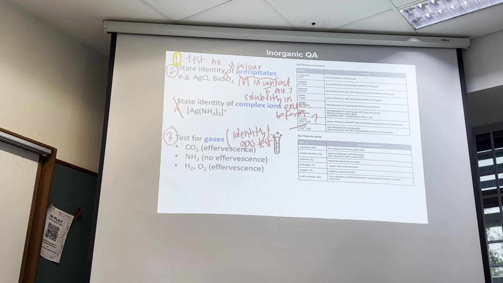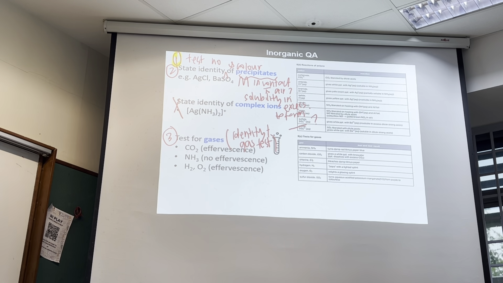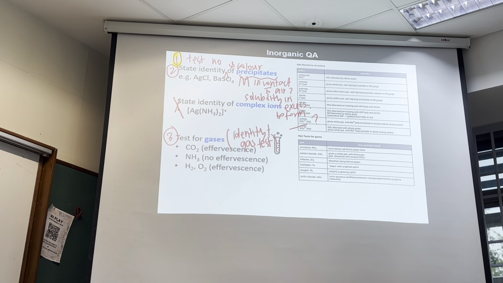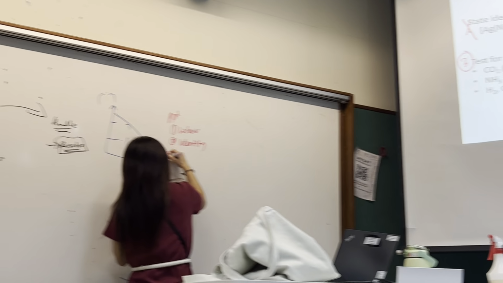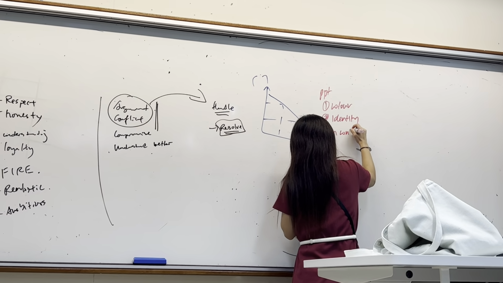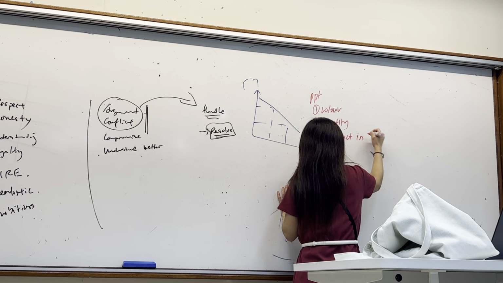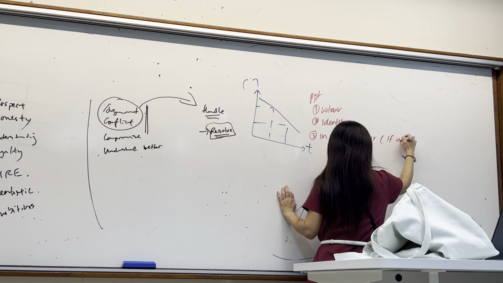Just make it clearer. PPT, number 1, I want the color. Number 2, I want the identity. Number 3, I want the contact with air, if applicable.